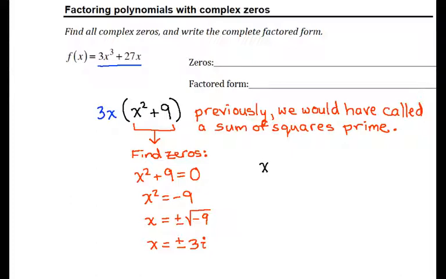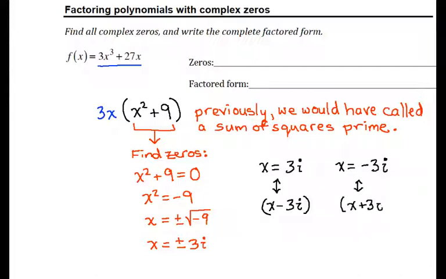So think of it this way: if x equals 3i is a zero, then the factor theorem tells us that x minus 3i is a factor. If x equals negative 3i is a zero, that tells us that x plus 3i is a factor.